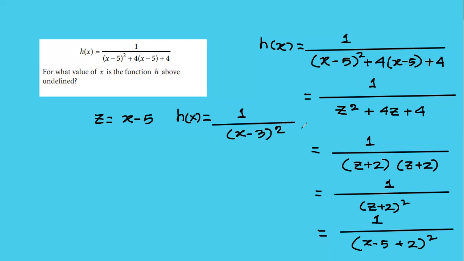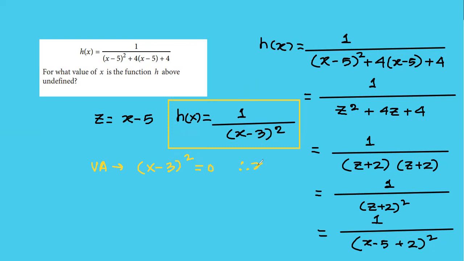Now, as we have just seen, to find the undefined values of a rational function, we should exclude the vertical asymptote and holes. To find the vertical asymptote, you equate the denominator, (x minus 3) whole squared, to 0.